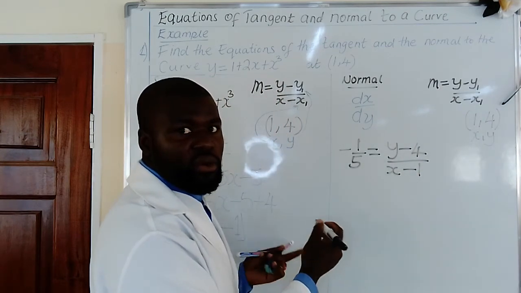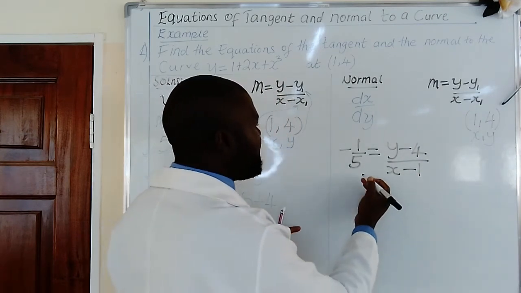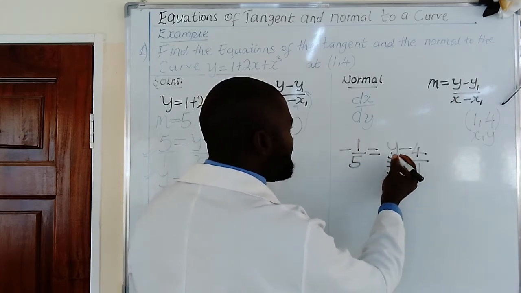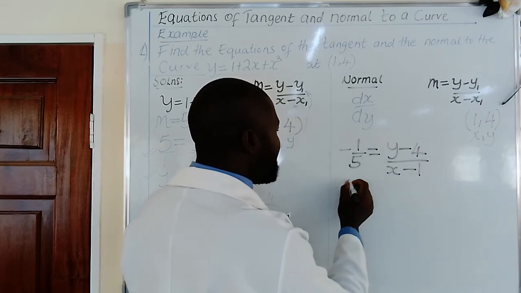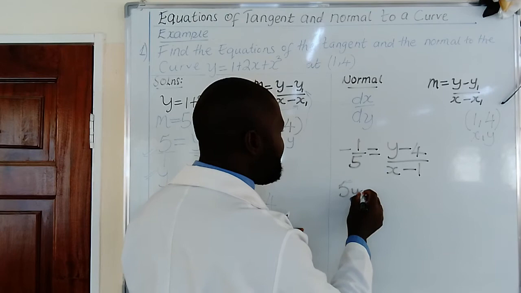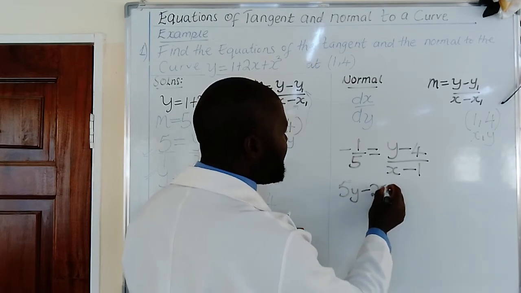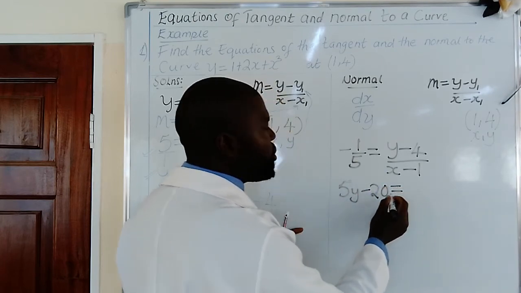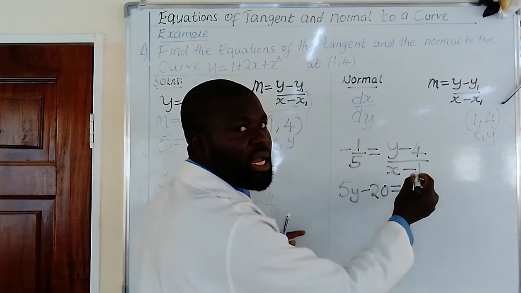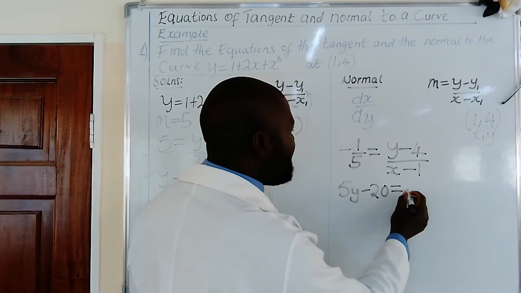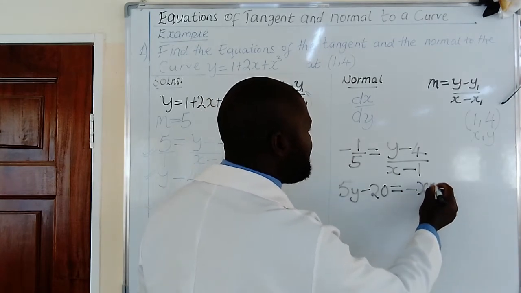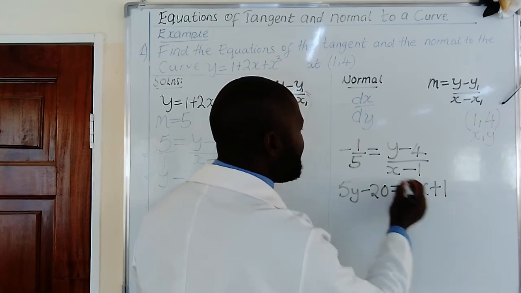Then we cross multiply so that we shall have 5 times y minus 4, we shall have 5y minus 20 is equal to -1 times x minus 1, we shall have negative x plus 1.